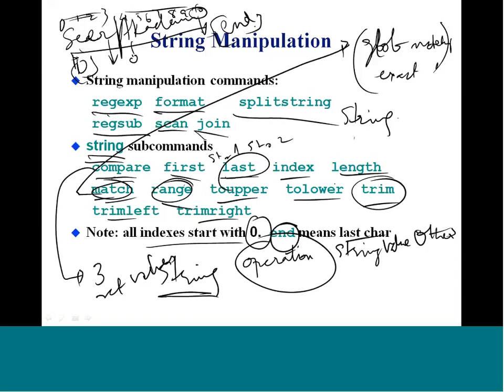By default, the character is white space, so it trims white space from both ends if there is any. The trimleft and trimright do the same thing on either side. The toupper and tolower convert the string to uppercase or lowercase.